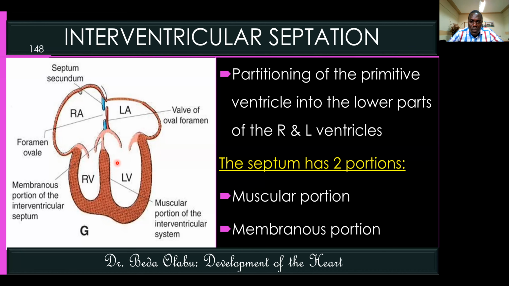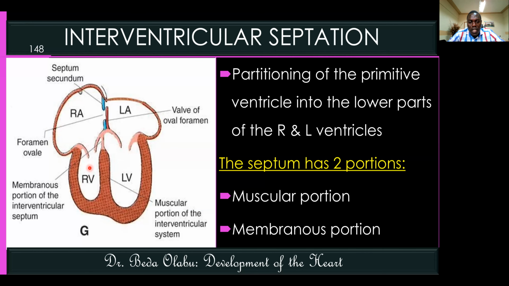That's it for the interventricular septation. So therefore, if the interventricular septation does not go on well, then you'll get what we call ventricular septal defects, VSDs, which are holes connecting the right and the left ventricle. I want to ask you a question. If you have a hole connecting the right and the left ventricle, how will blood flow in postnatal life?